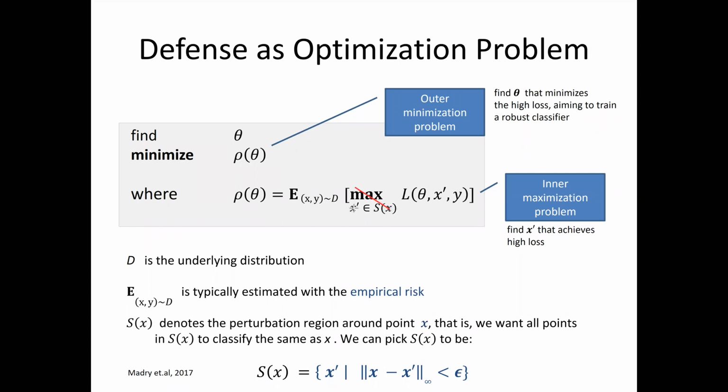Then I delete this thing over here, and I replace this X prime with X. So if I put X instead of X prime, I'm deleting this max situation, I'm removing it. Then what am I going to end up with?